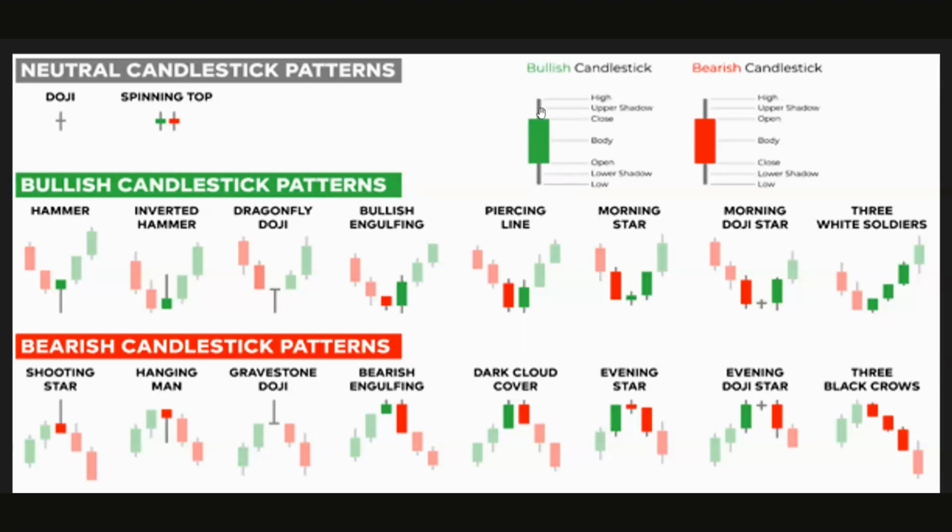This tells me that sellers came in and pushed this price back down, because it was up here at a high and then it got pushed down and ended up closing here. So that lets me know that some sellers came in and pushed the stock price back down.